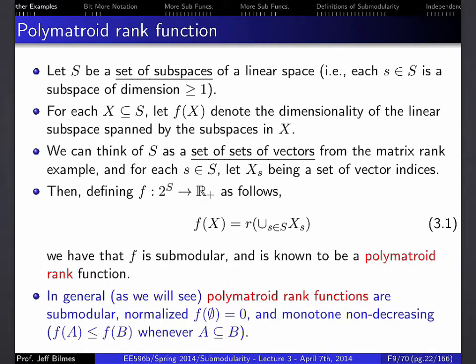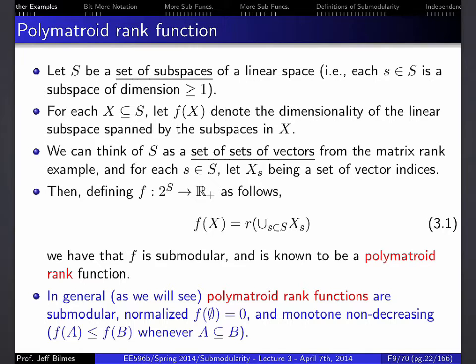Now we're going to see that this is an amazingly interesting class of functions. I mean, right now what we're going to see is that equation 3.1 is always going to be integral valued. But in some sense, almost all of the interesting structures of polymatroid functions, which are not really that special a case of an instance of a submodular function, can be represented by something like 3.1, basically grouped matroid rank functions.